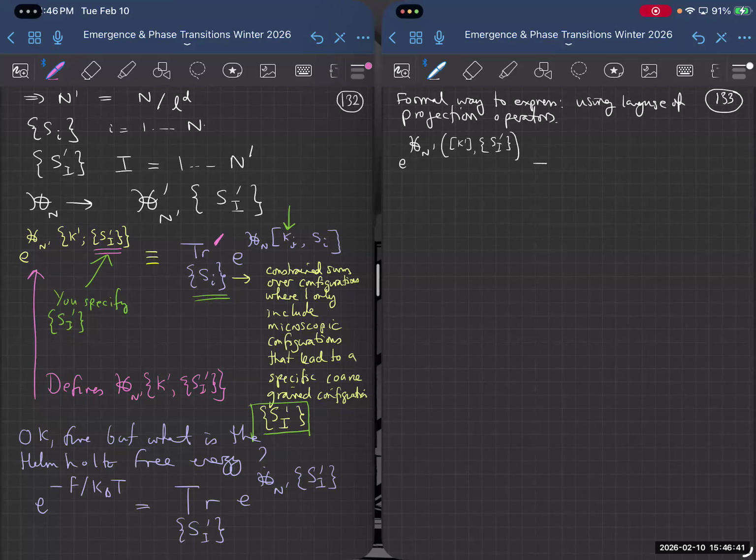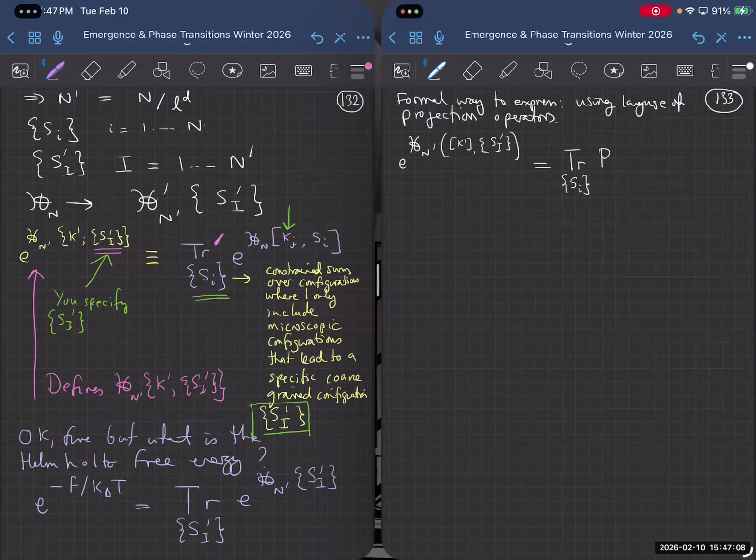So I'm going to say, well, if I've got this over here on the left-hand side, this formal way of doing this constrained sum over configurations, I've written it down in English. How would I write it down in mathematics? Okay, so the way I would write it down in mathematics, I would say the following. All I have to do is take the trace over my microscopic degrees of freedom.